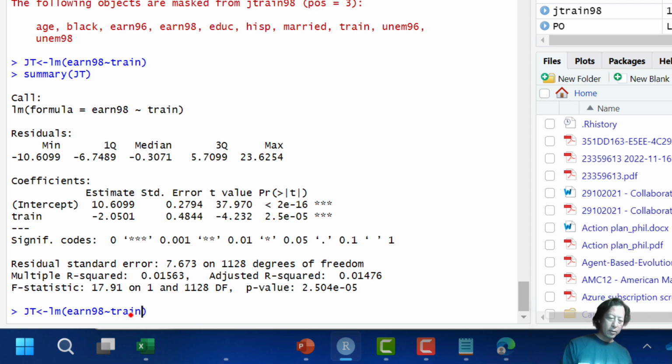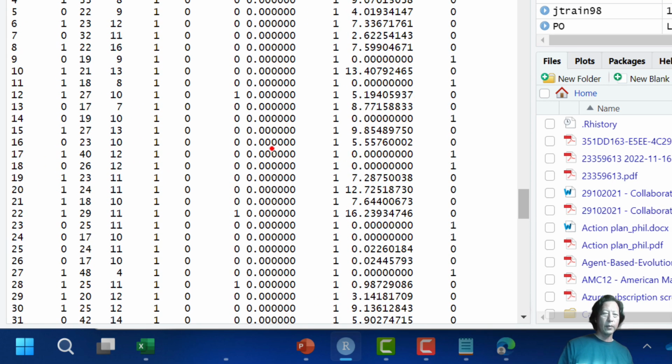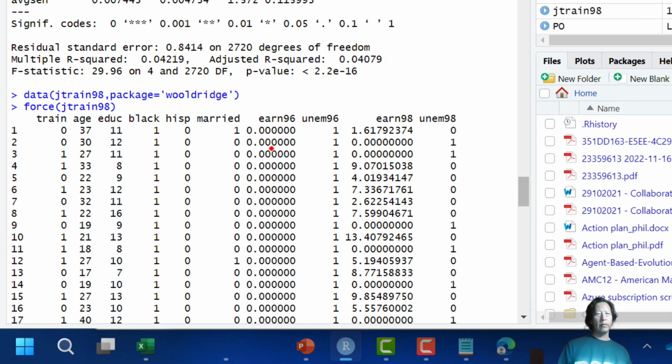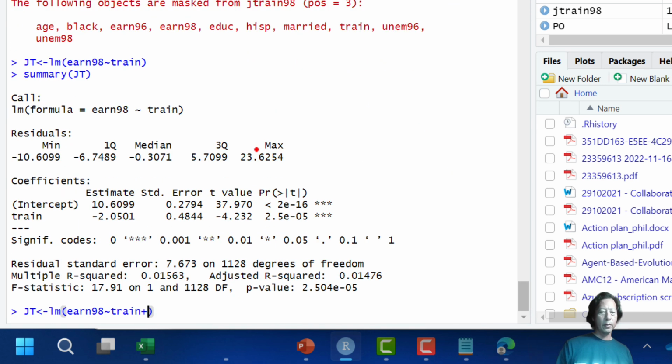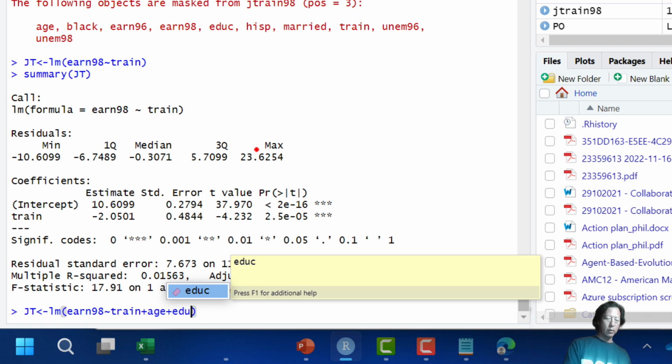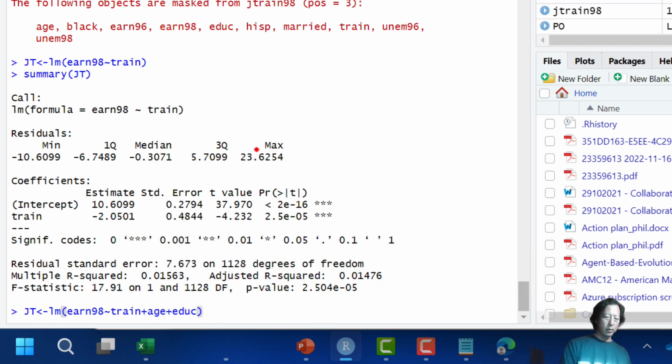However, if we add train plus, what else variables do we have? Age, education, married, okay? Age, education, married.